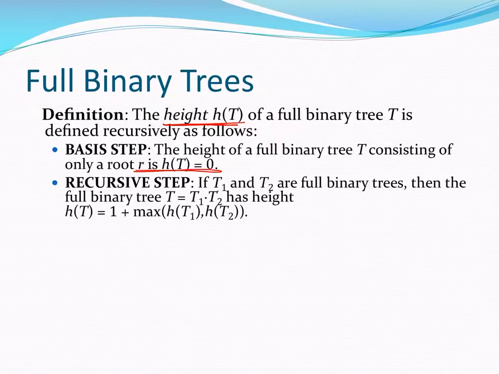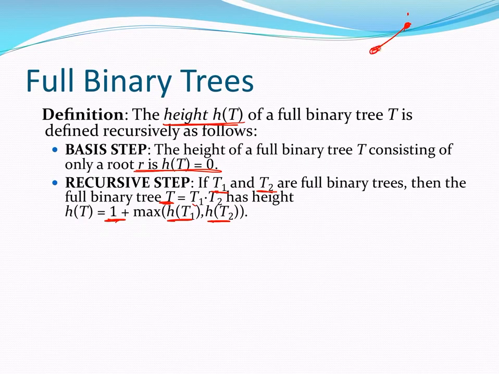And then the recursive step: if I have T1 and T2 in my set, and we create a new tree, T, with T1 and T2, then it has height 1 plus the maximum of the heights of T1 and T2.